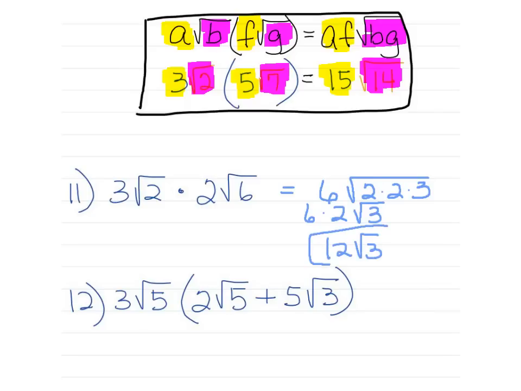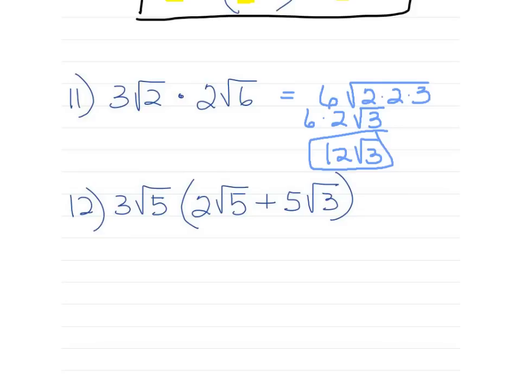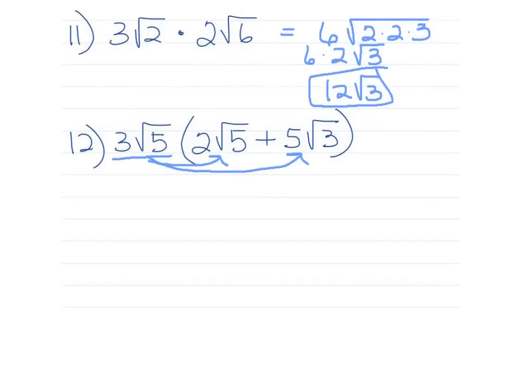Okay, number 12. Number 12, we will use distributive property to multiply 3 radical 5 times the expression within the parentheses. Okay, so here we go. 3 times 2 is 6, and it's 6 times radical 25, which can be simplified as 6 times 5, which is 30.